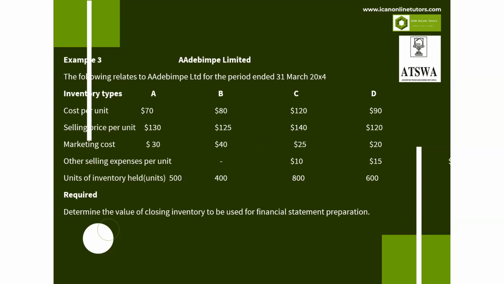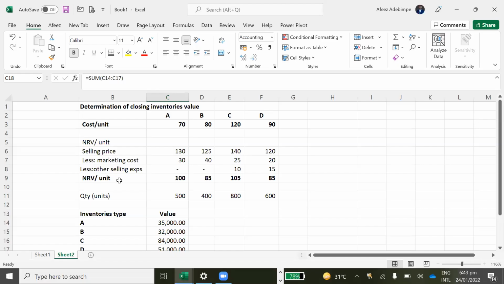We are given the cost per unit, the selling price per unit, marketing cost per unit, and other selling expenses per unit. We are also given units of quantity to date, and we are asked to determine the value.